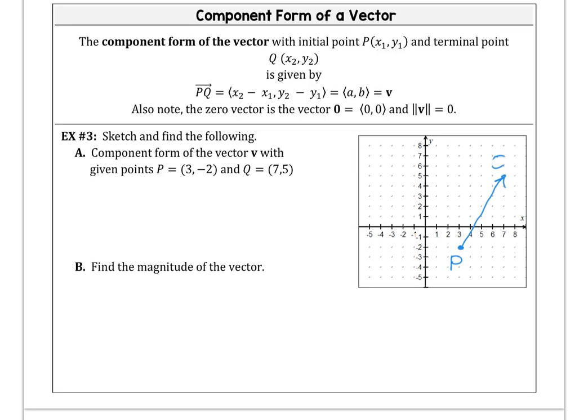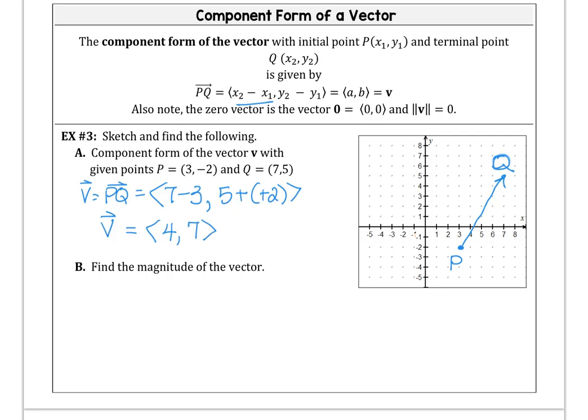We can do that by finding vector v is the same as vector PQ: 7 minus 3, the difference of the x coordinates, and 5 minus negative 2, the difference of the y coordinates. So vector v can be represented in component form as <4, 7>.